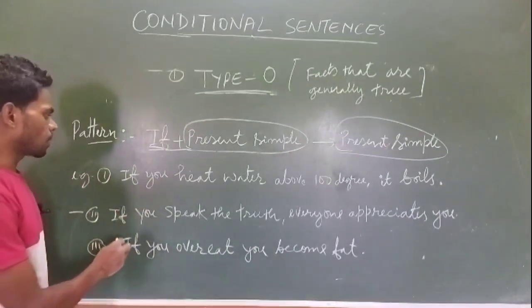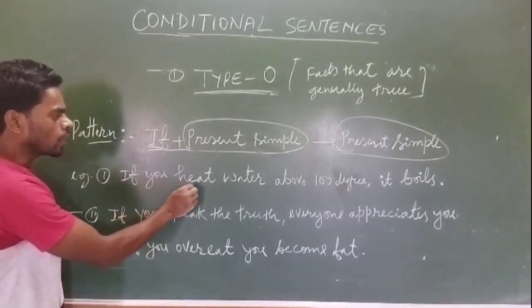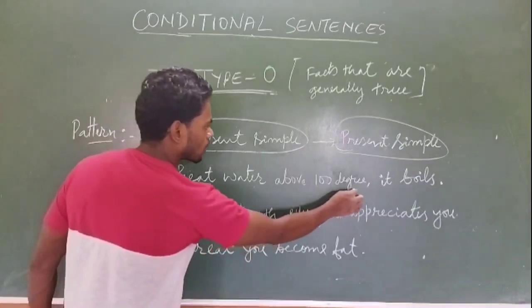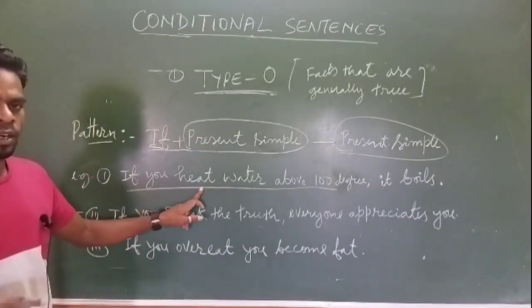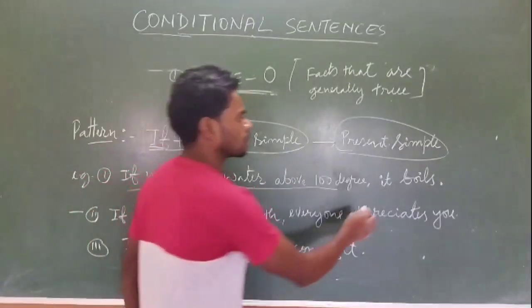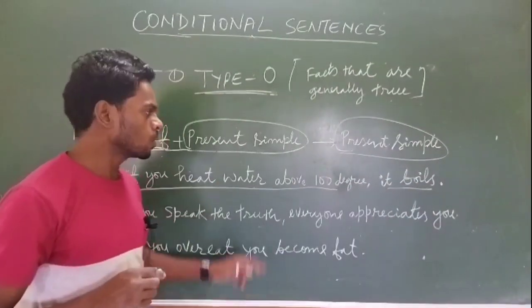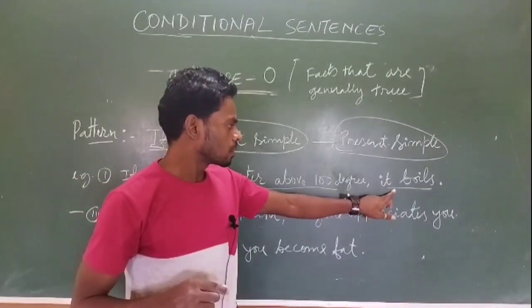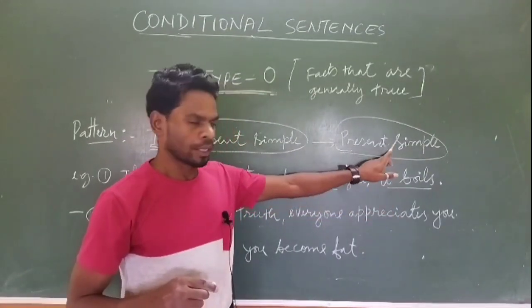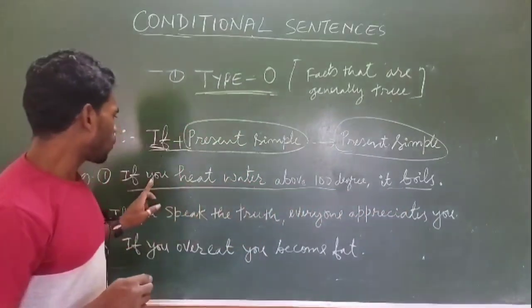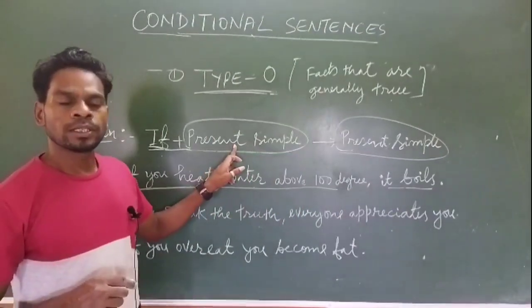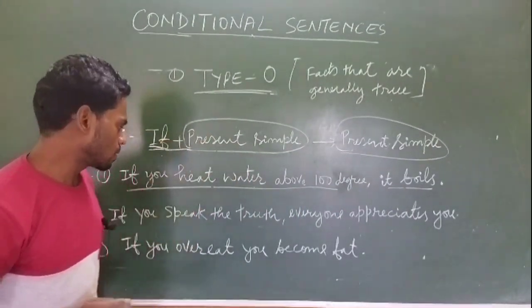Let's see one example. If you heat water above 100 degrees, it boils. So 'it boils' is also in present simple tense, the main clause, and even the if clause is in present simple tense.